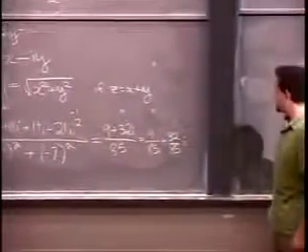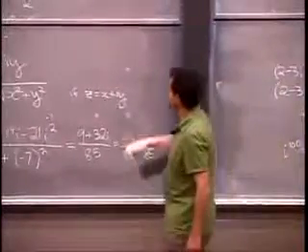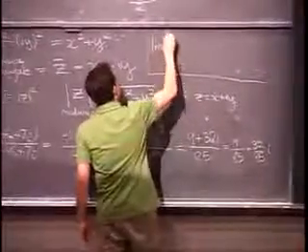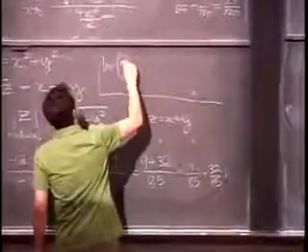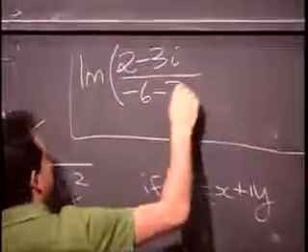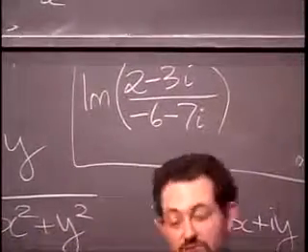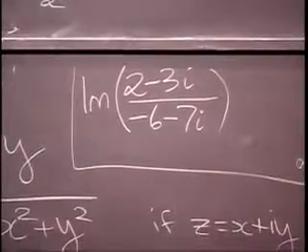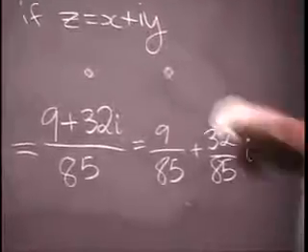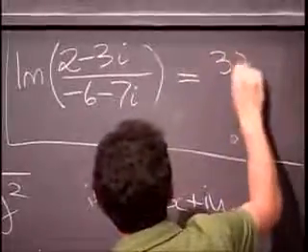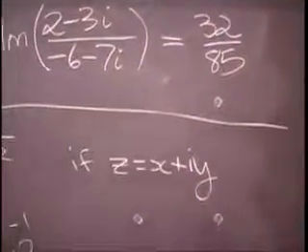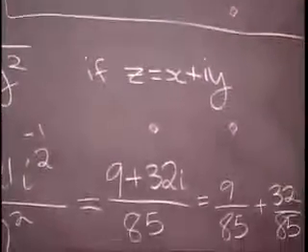The only thing I want to comment is that if the problem was to find the imaginary part of this ratio, 2 minus 3i over minus 6 minus 7i, you would have to actually do everything we just did and work it out, and you get 9/85 plus 32/85 i, and you can just read out the imaginary part is 32/85. Of course, you could also read off the real part as 9/85 too.